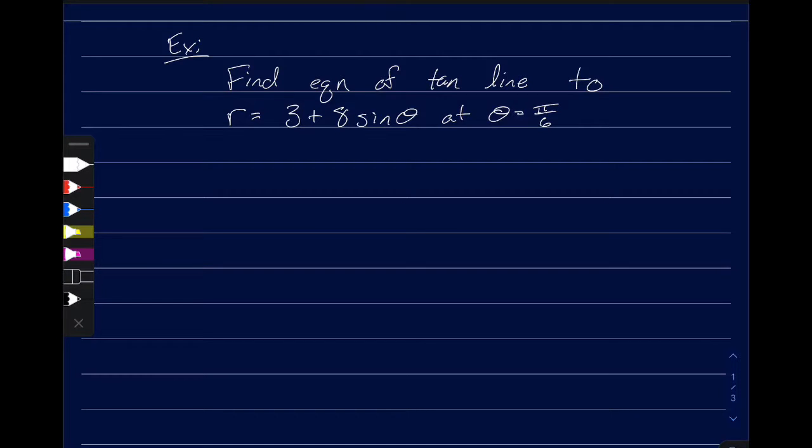So for our example for this video, let's find the equation of the tangent line to r equals 3 plus 8 sine theta at theta equals pi over 6. Now remember that this is a plus b sine theta, where a is less than b, so this is a looped limaçon.